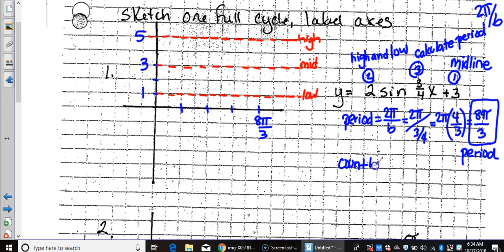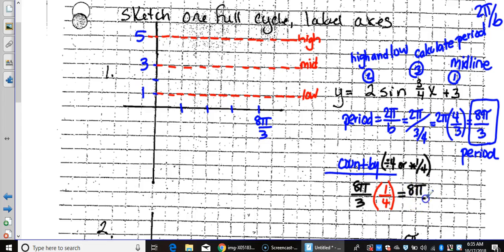Count by, you can either divide by 4 or multiply by a fourth. Because we're starting with a fraction, I think it's easier to multiply by a fourth. Either way, you'll get the same answer.